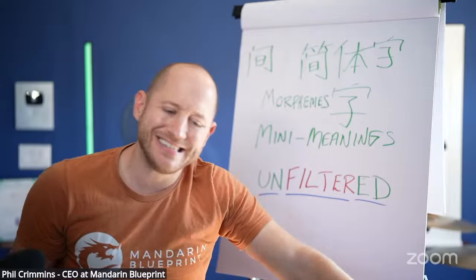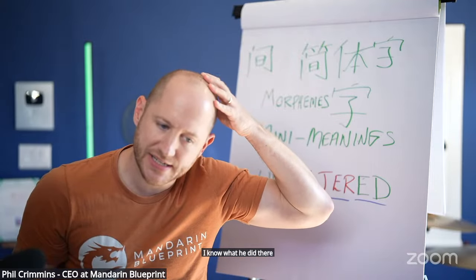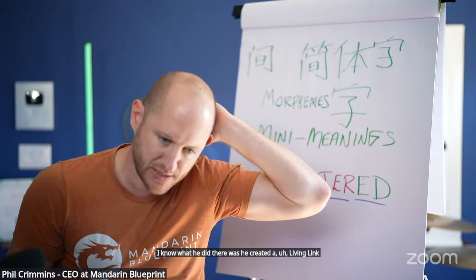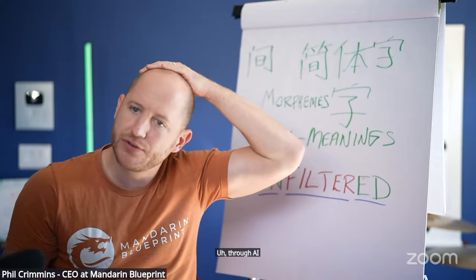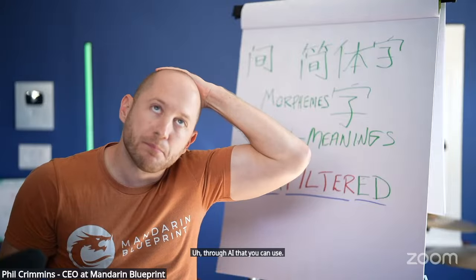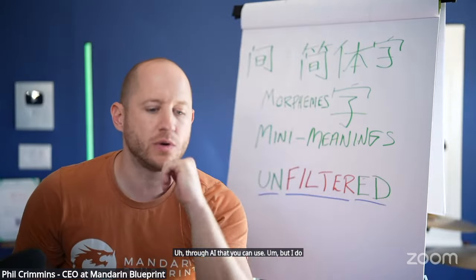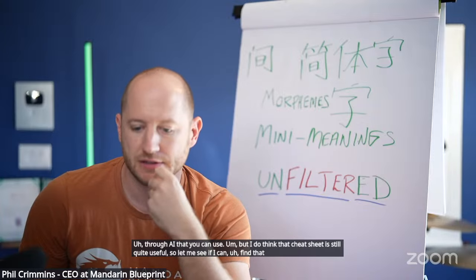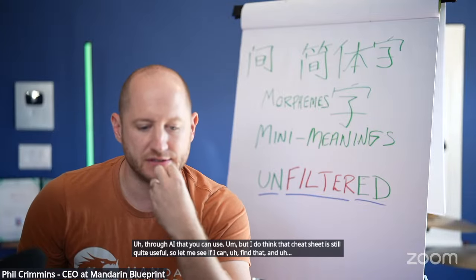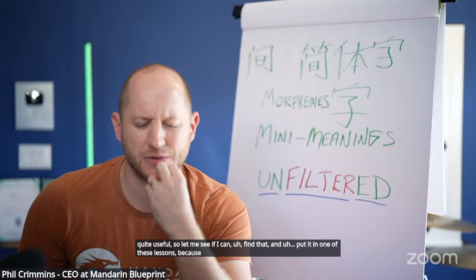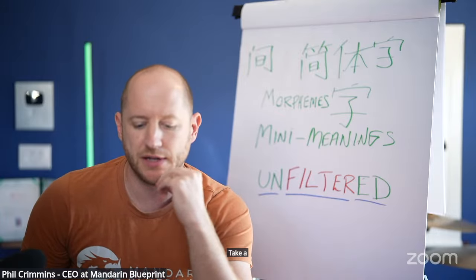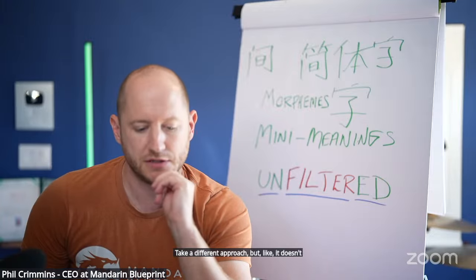I know what he did there was he created a living link generator through AI that you can use. But I do think that cheat sheet is still quite useful. So let me see if I can find that and put it in one of these lessons, because it is quite useful. I think he decided to take a different approach, but it doesn't make sense to me to completely get rid of it.